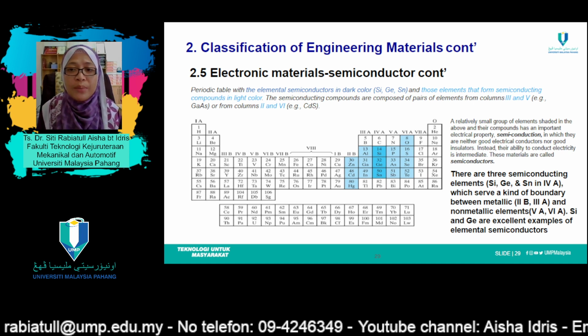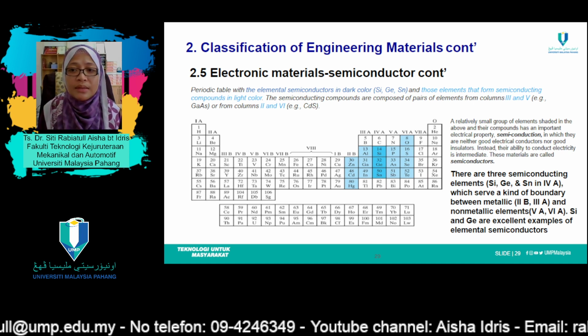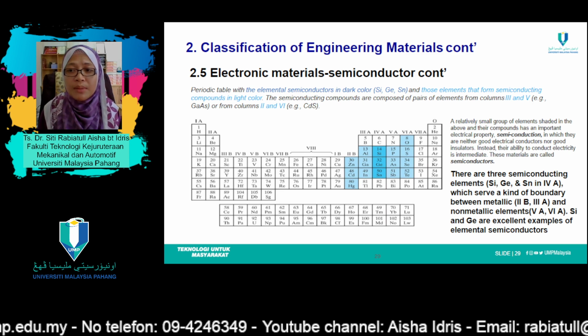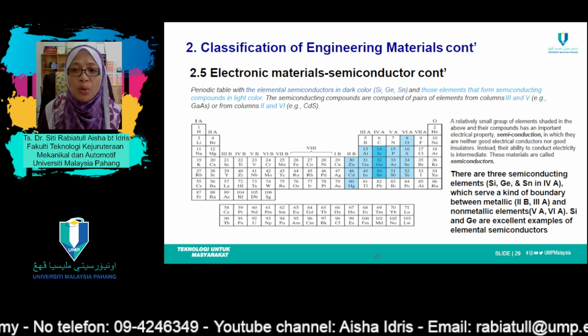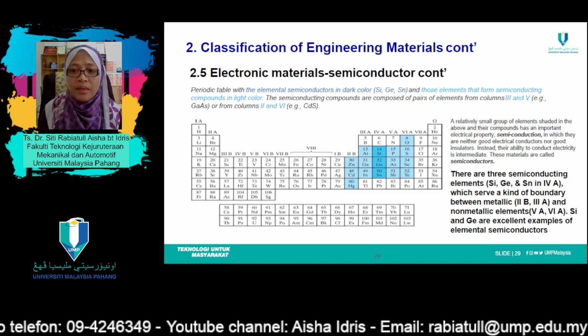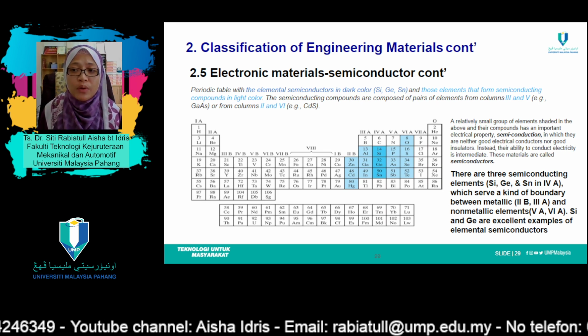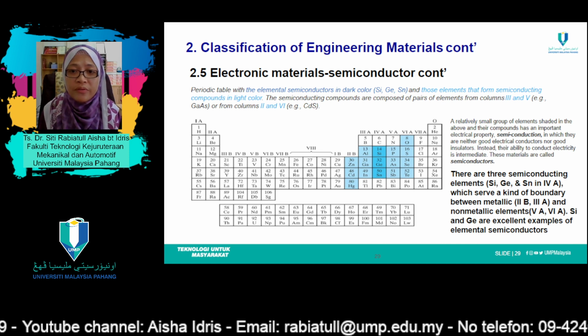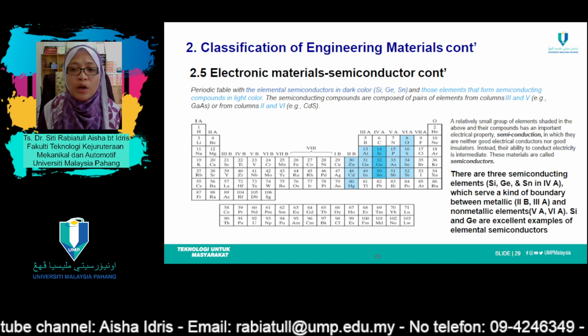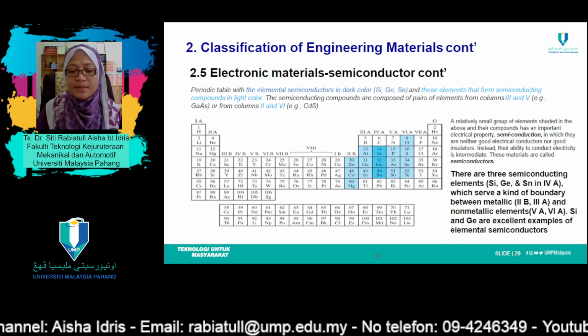In the periodic table, the elemental semiconductors are in dark color, and those elements that form semiconducting components are in light color. The semiconductor components are composed of pairs of elements from columns 3 and 5, or 4, or from columns 2 and 6.